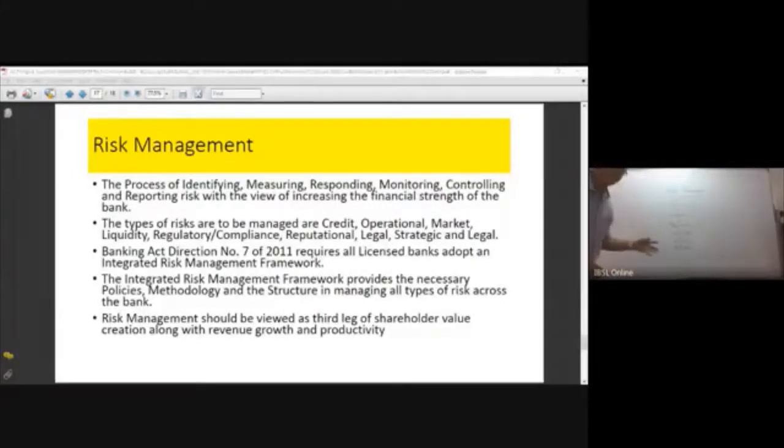Then we also will touch operational risk, strategic risk, and regulatory risk as our major components of risk types to come. This process will be applicable to each type of risk a bank undertakes in the future.